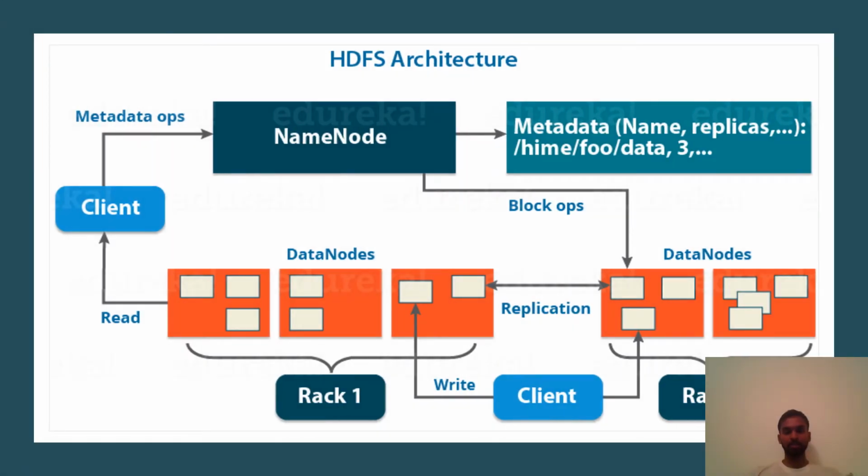And this is the HDFS architecture. This is the name node, and this is the data node. When a client writes the data, the data is stored at different data nodes, and it is replicated at least 3 times and maybe more, depending upon the application, to avoid faults and to achieve high fault tolerance.